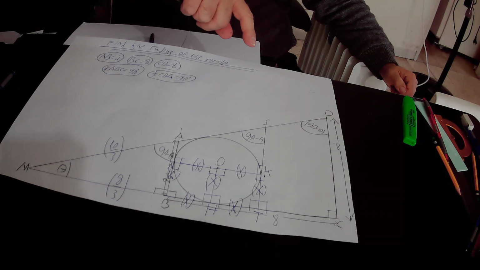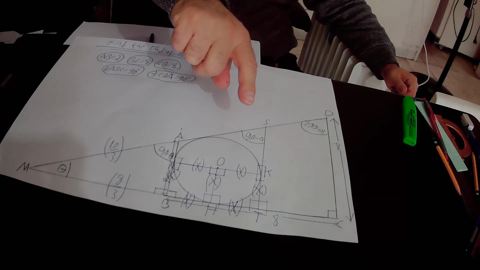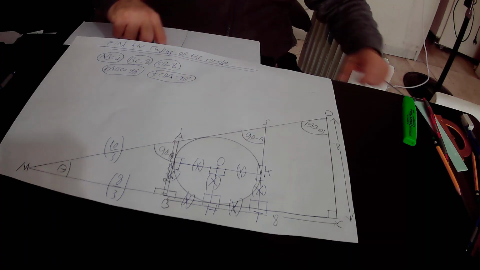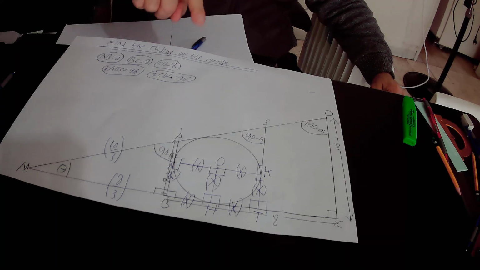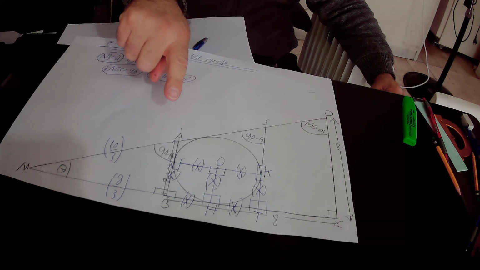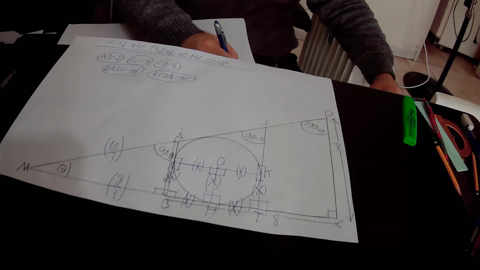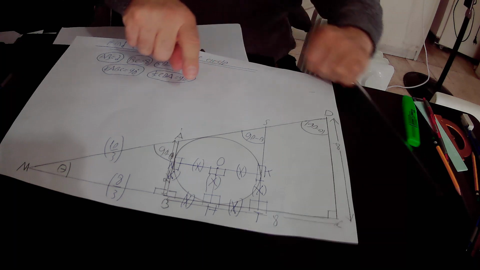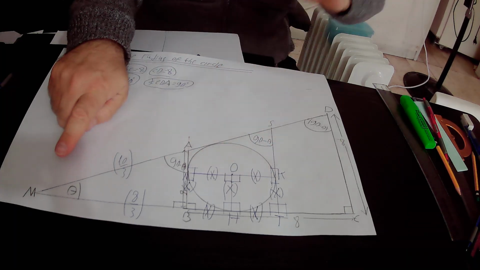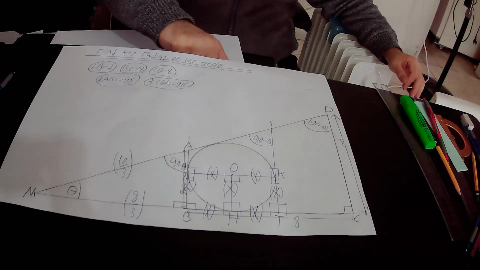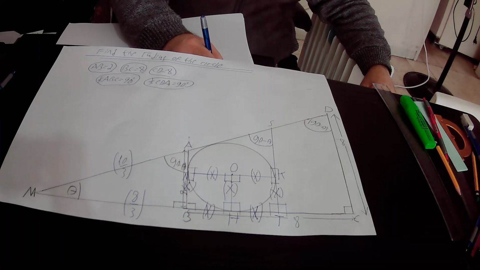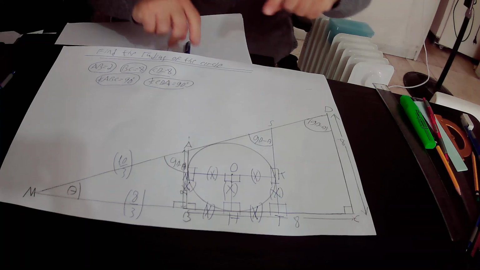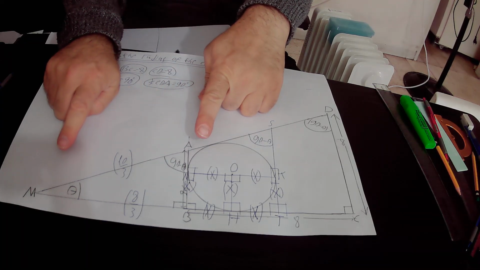We derive that side ST in the middle triangle STM over side AB in the smallest triangle MBA equals side TM in the middle triangle STM over side BM in the smallest triangle MBA.